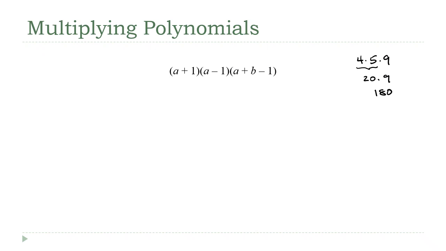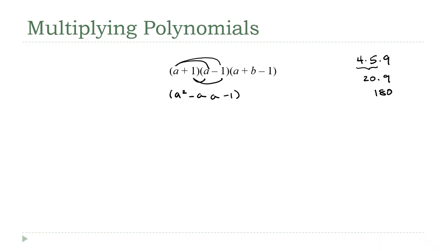I'm going to do a times a, that's a squared. I'm going to do a times negative 1, that's negative a. Now I'm going to multiply the 1 by everything in the second polynomial. I'm going to do 1 times a, which is a, and 1 times negative 1, which is negative 1. And now I've put that in parentheses, right?